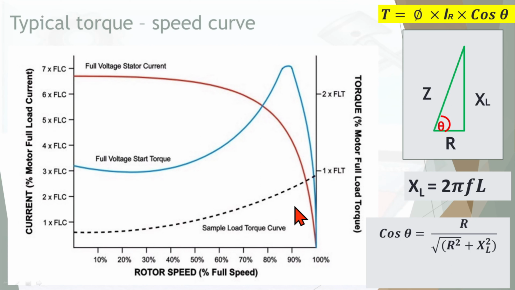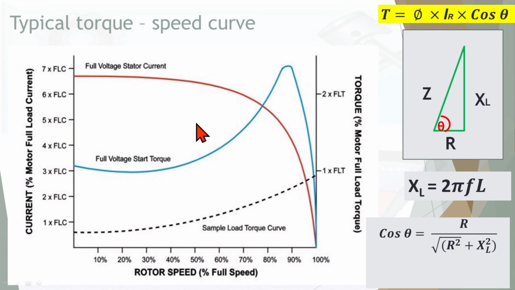That means if some load, suppose a pump, is connected to the motor, the required torque from the load is represented by this dashed line. The blue one is the motor torque characteristic curve, whereas the red one is the motor current.